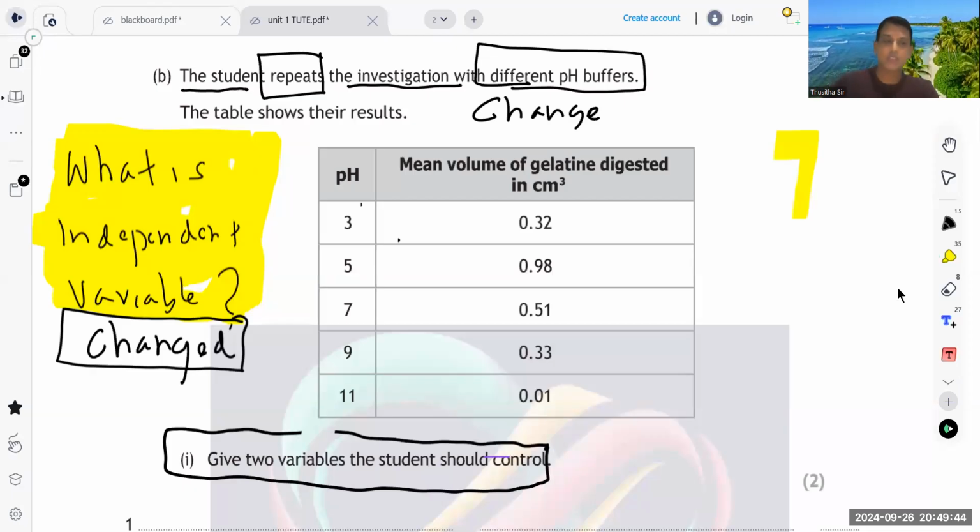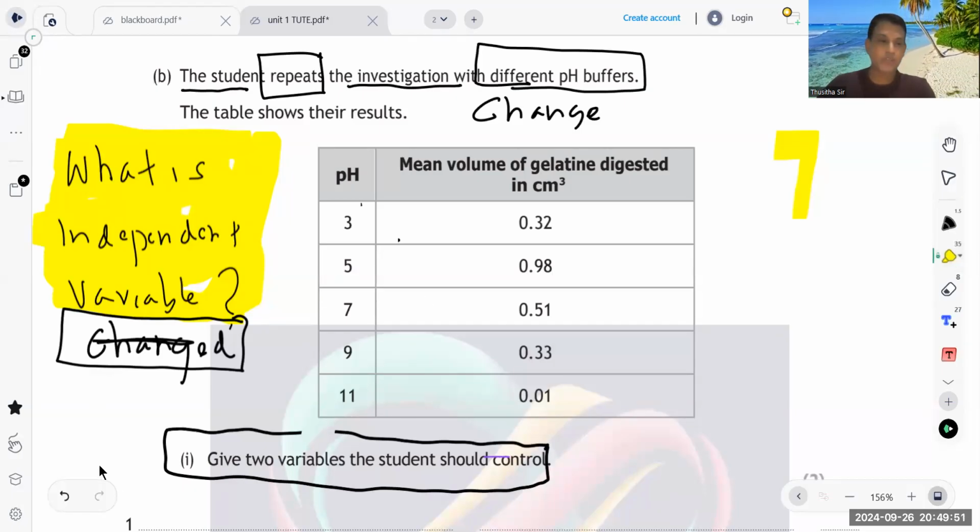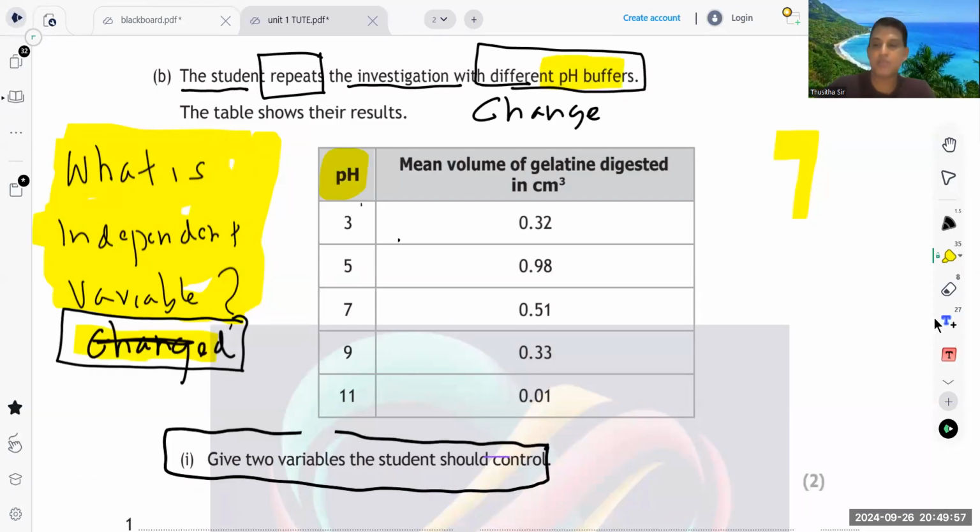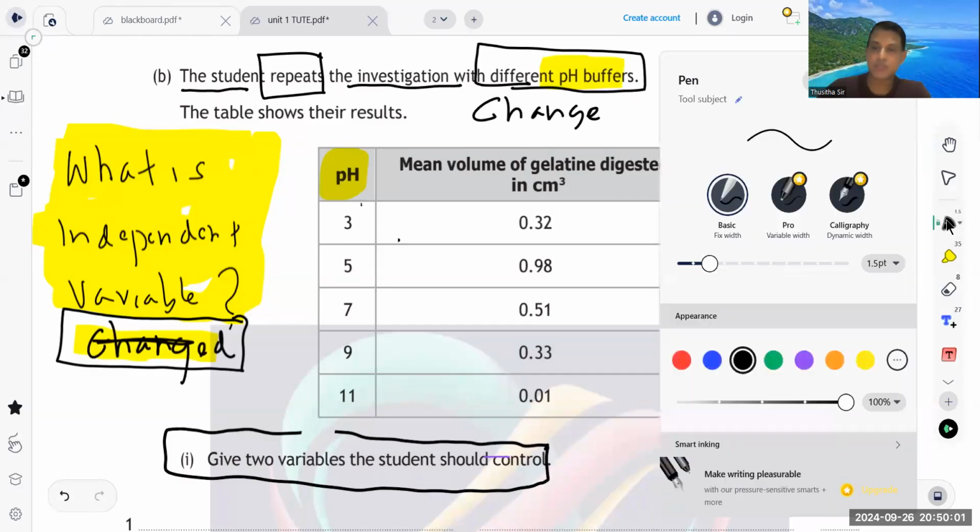Right. I will show you again what the independent variable is: what we change. So you could not identify what the student changed here. The student changed the pH. So pH is the independent variable.